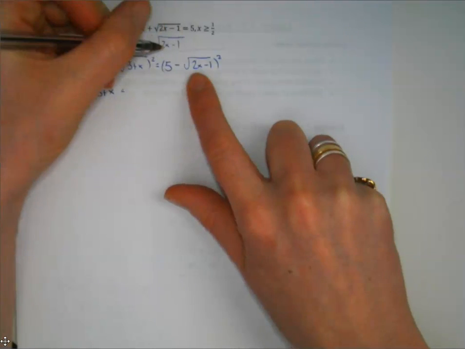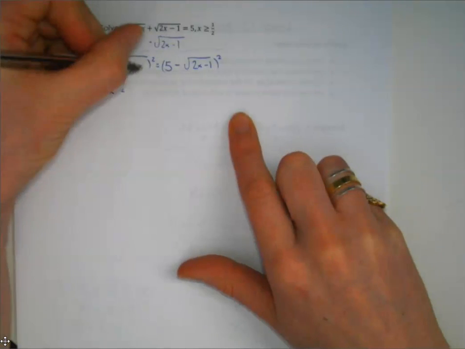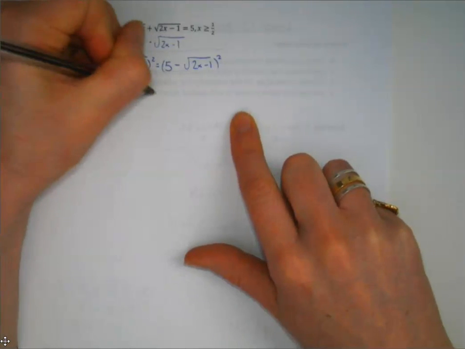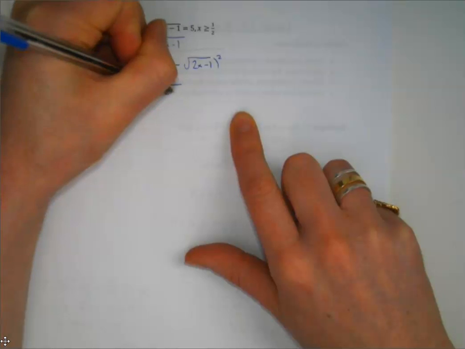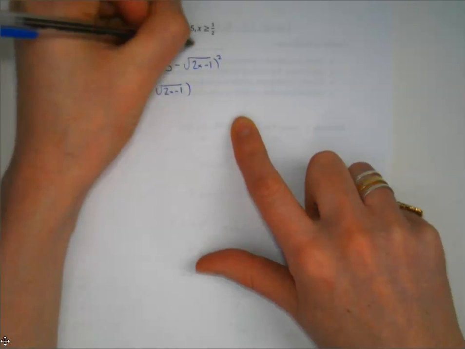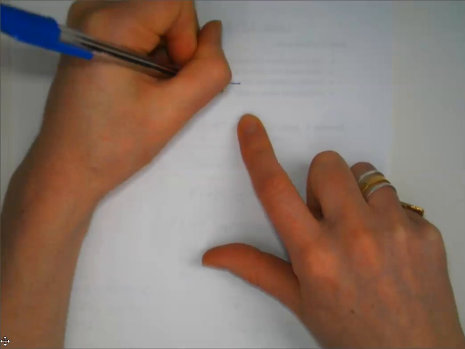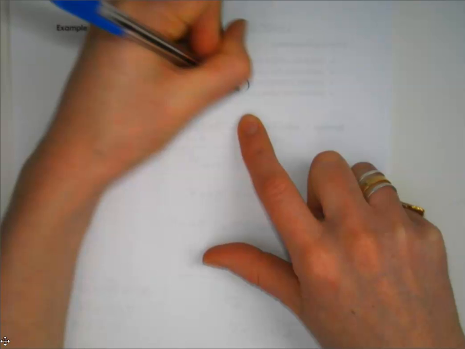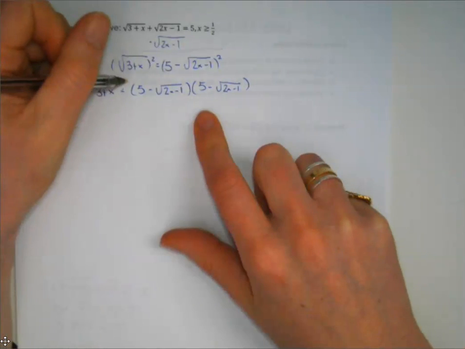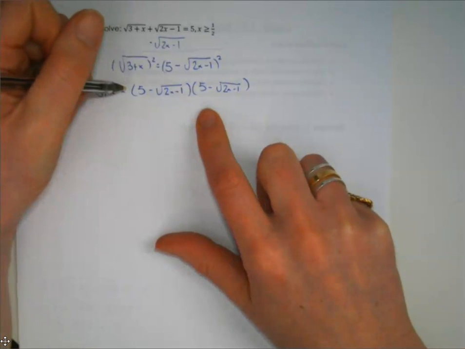But on the other side, we're just going to have these two brackets being multiplied by each other, right? So 5 minus root 2x minus 1 times 5 minus root 2x minus 1. Okay, now we're going to have to go through and multiply that out.